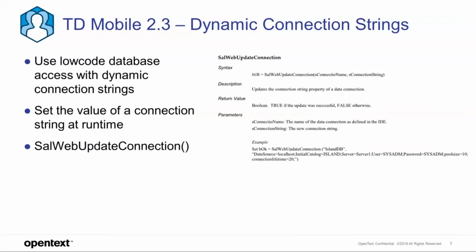That was heavily requested because right now these connection strings are static, and you want to create applications that connect maybe to a different database in testing than in production, or that connect to a different database at different customer sites, for example. So this is now enabling easy low code with flexible connection strings.